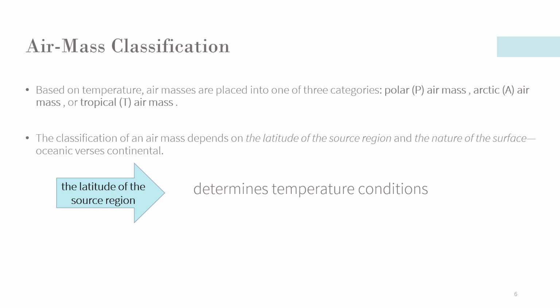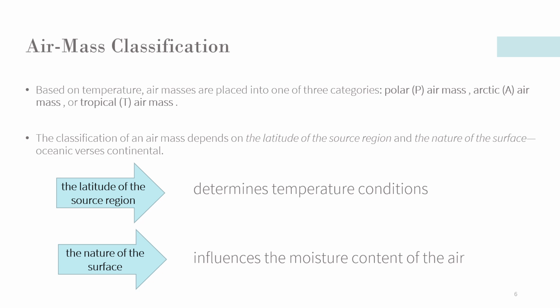And then the next one is the nature of the surface. This influences the moisture content of the air. For example, the polar regions tend to produce cold and dry air masses, while tropical oceans generate warm and moist air masses.